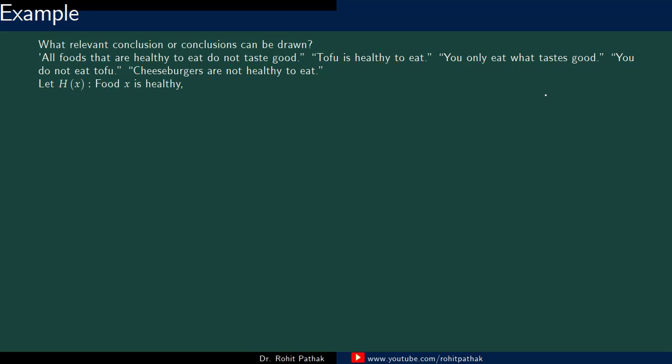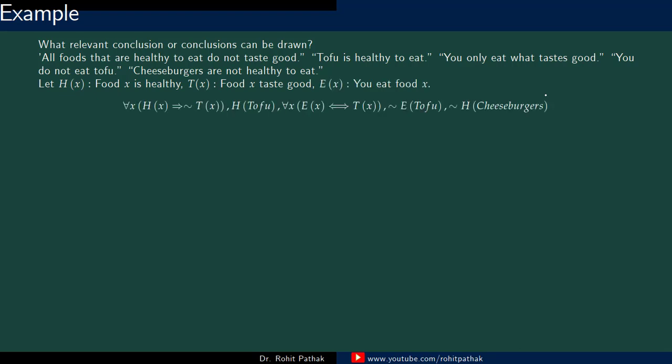Again we convert these premises using quantified statements. Hx: food x is healthy. Tx: food x tastes good. Ex: you eat food x.